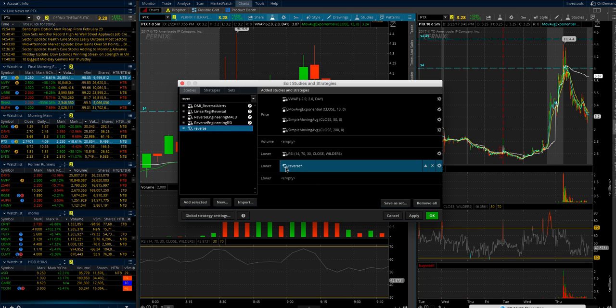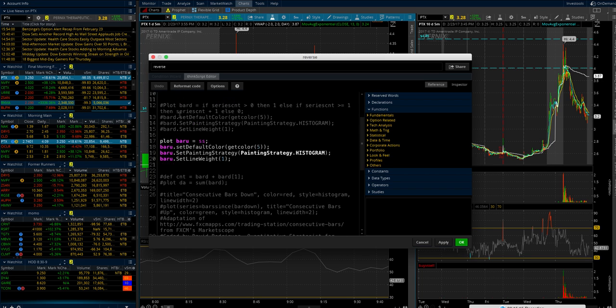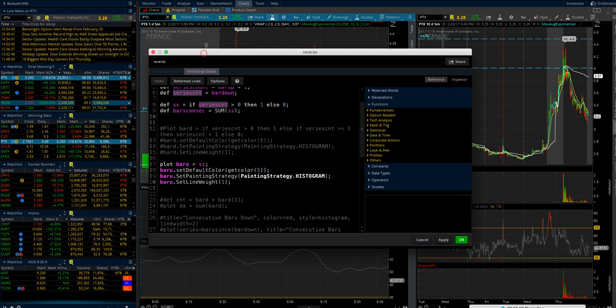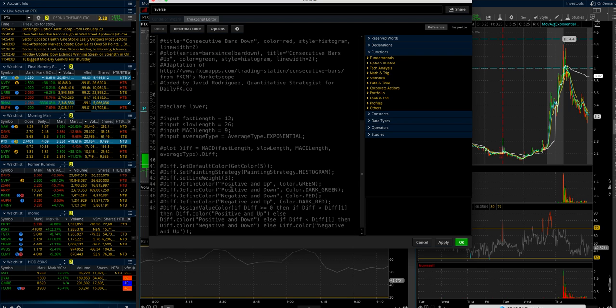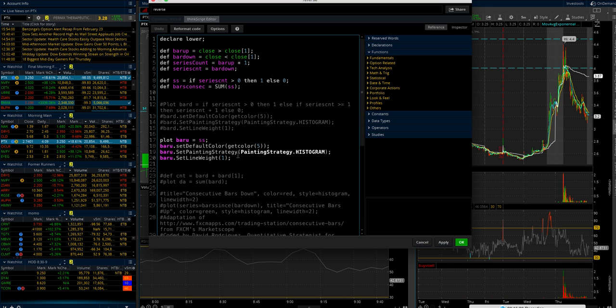I'm just going to have this set of code. That's just an old code. How I do code is I search online and find somebody else's code and see if I can alter it to fit my need.